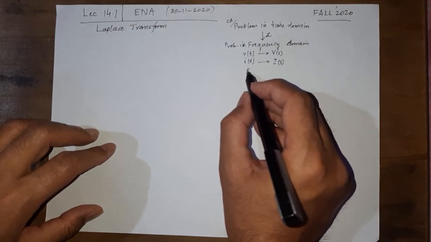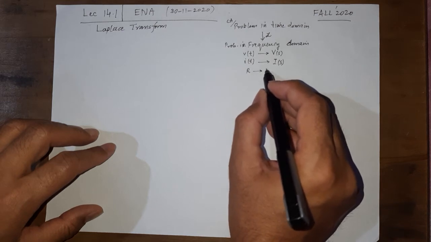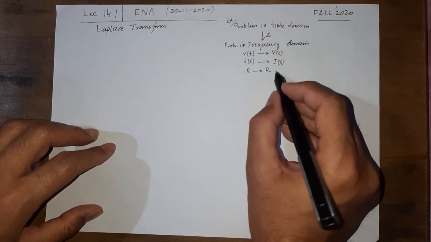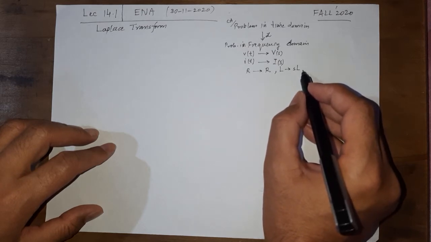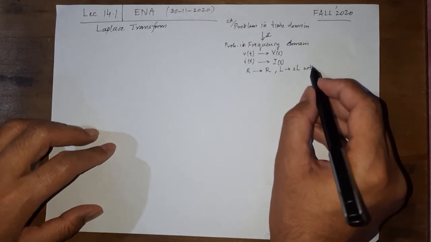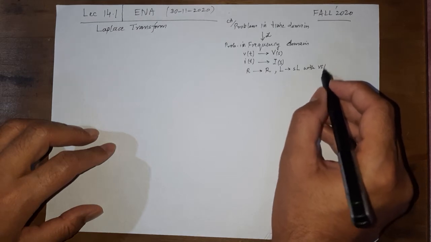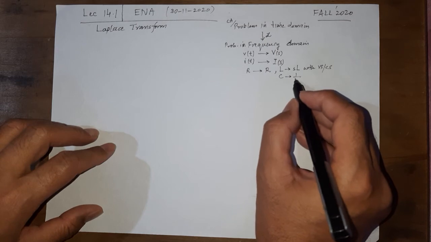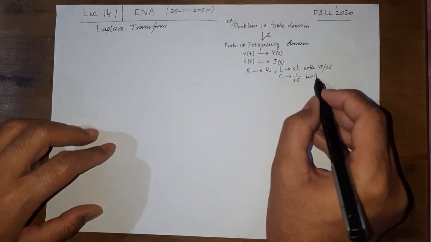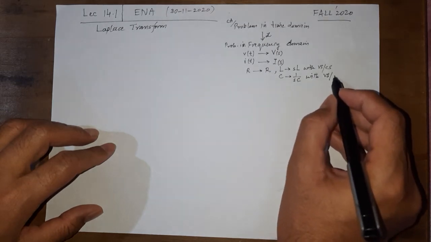We convert the R's to R's and L's to SL's, and with a voltage source or a current source depending upon what we choose, and similarly the C's to 1 over SC's with some voltage source or current source.